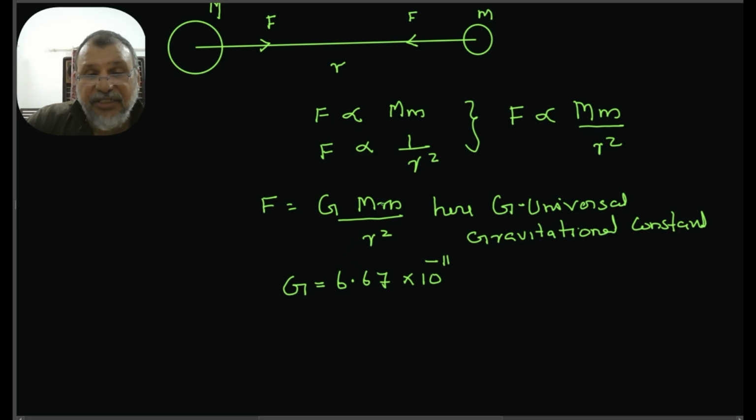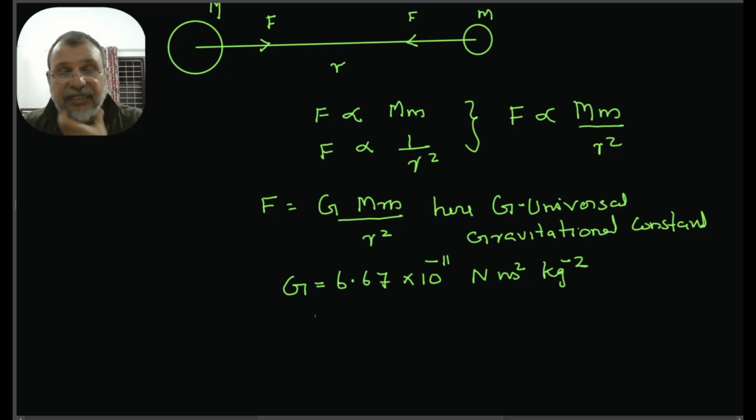The unit can be easily worked out: Newton meter square upon kilogram square, that is, Newton meter square kilogram to the power minus 2. This is the value of G.